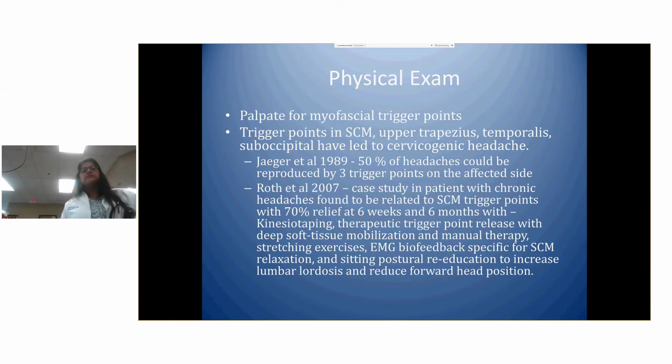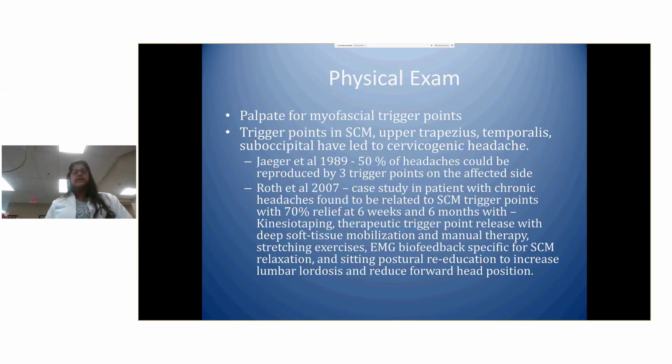Another study in 2007, a case study, found a patient with chronic headaches to have sternocleidomastoid trigger points, and after mobilization and manual therapy for 6 weeks and then 6 months, the patient had 70% relief of their cervicogenic headaches.